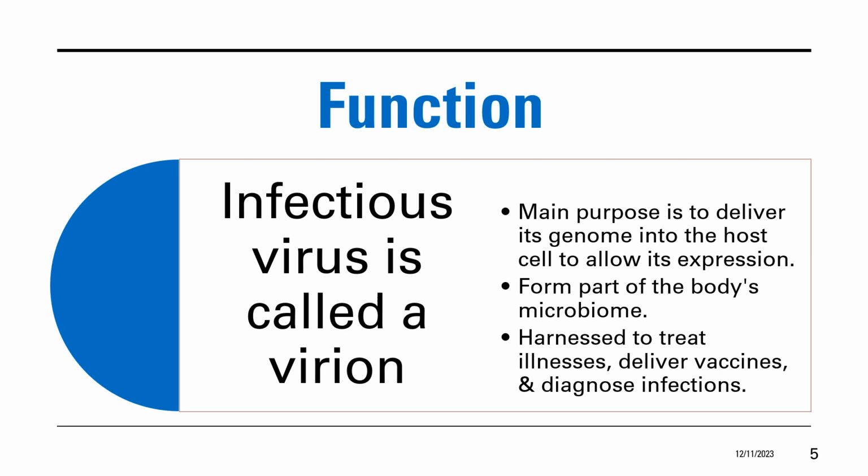So we have viruses and they're kind of good. They help our body assemble an immune response to outside foreign particles. Viruses are also harnessed to treat illnesses and deliver vaccines, and they also help diagnose infections.